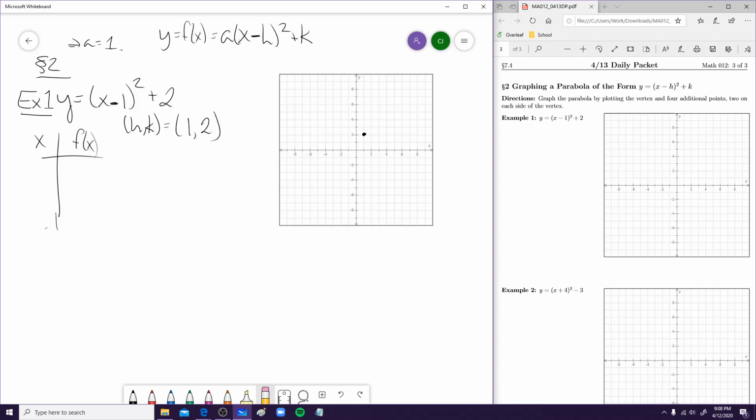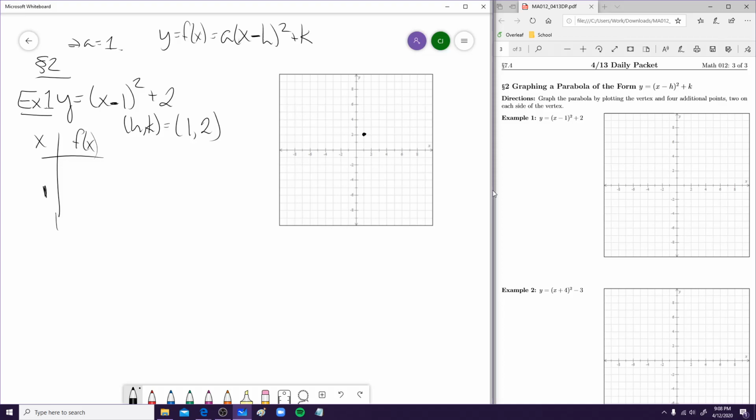What you're essentially supposed to do in this way is find the vertex first, so you have 1 on this side. Then you have to pick 2 values to the left of 1 and to the right of 1.